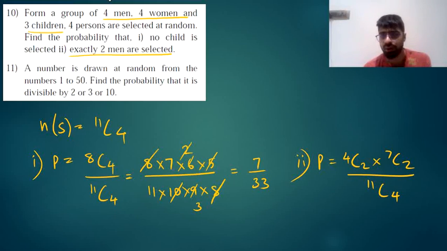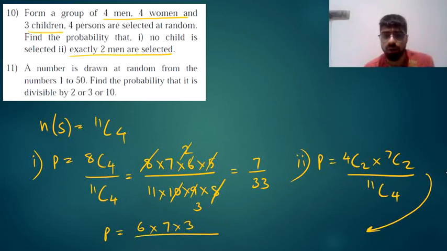So let's try to evaluate this one. We have the required probability as 4C2, that's going to be 4 into 3 upon 2 into 1, that's 3 into 2, which is equal to 6, into 7C2, which is 7 into 6 upon 2 into 1, that is 7 into 3. In the denominator we have 11C4, so that's 11, 10, 9, 8, and a 4, 3, 2, 1 goes to the numerator.